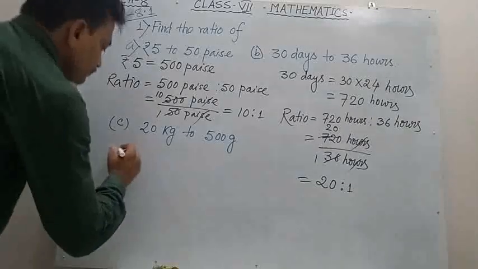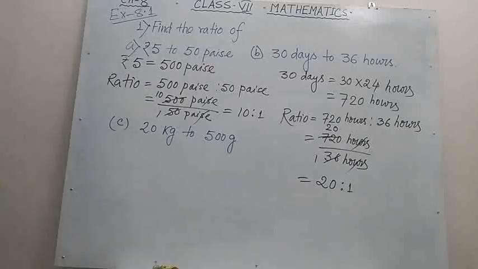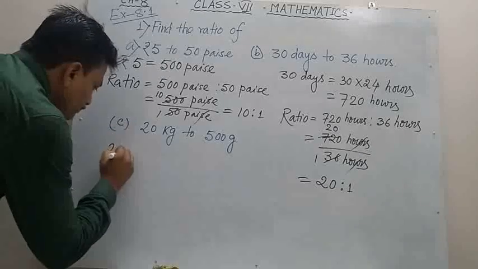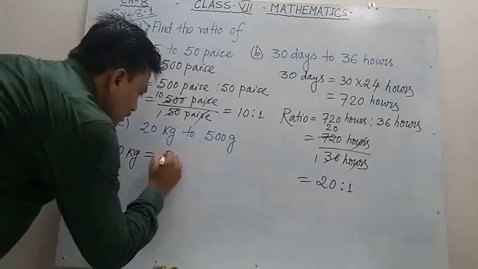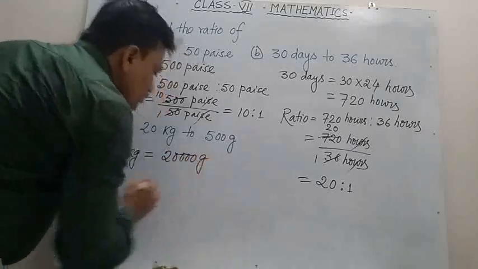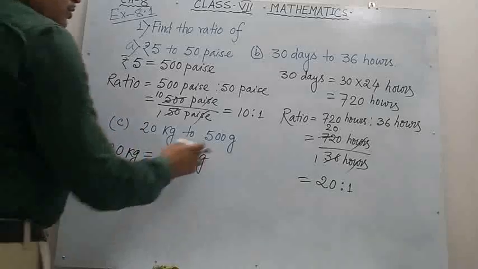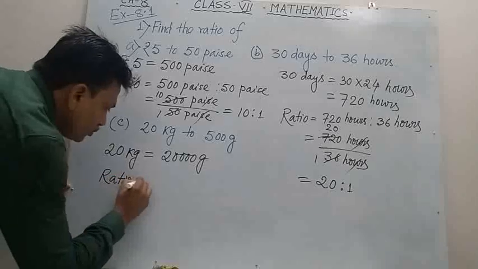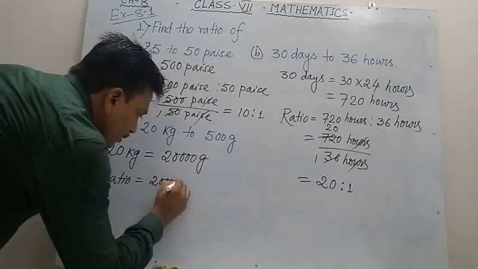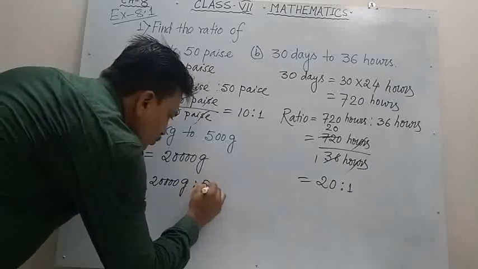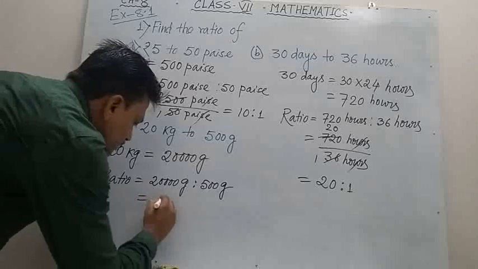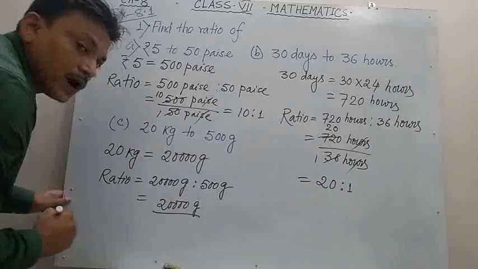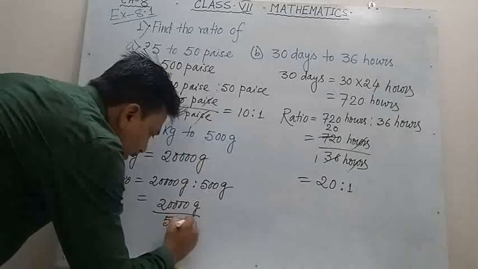Now the third one, 20 kilogram to 500 gram. As we know, 20 kilogram equals 20,000 gram, and 500 gram. Now what is the required ratio? 20,000 gram is to 500 gram, converting to fraction, 20,000 gram by 500 gram.